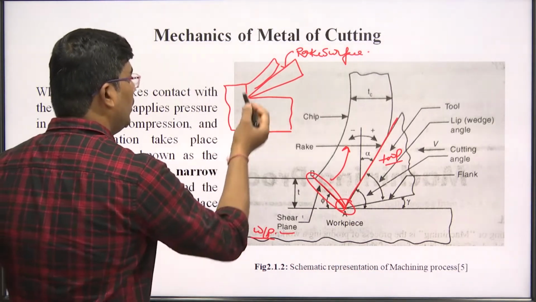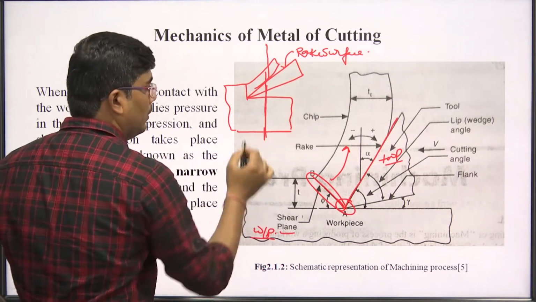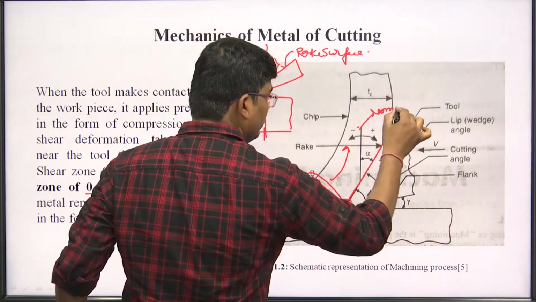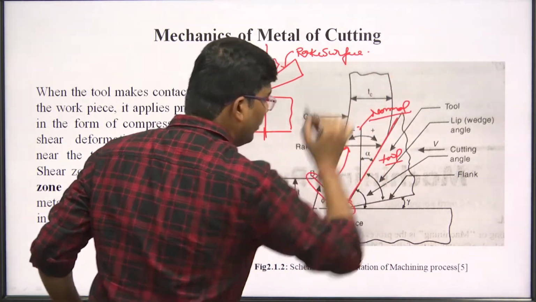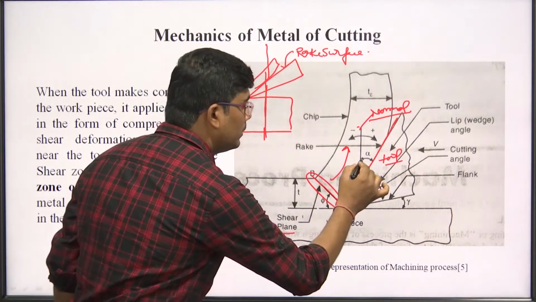And if you draw a normal on this, you can see here this is a normal. This is known as a rake angle.